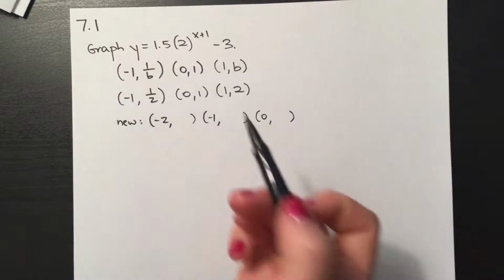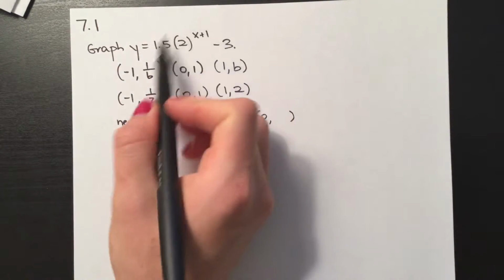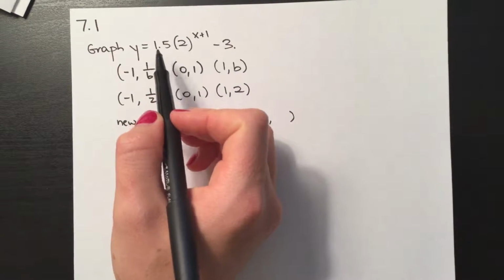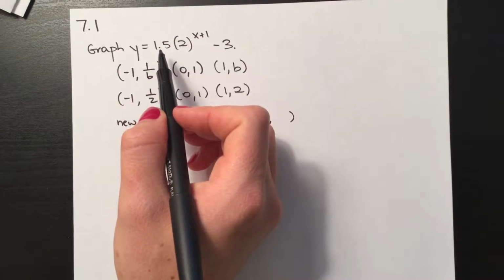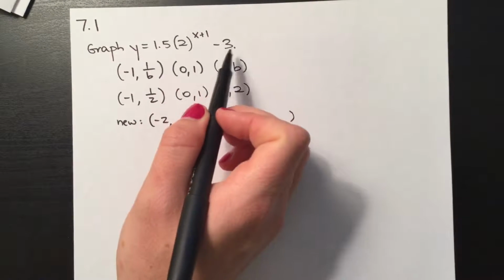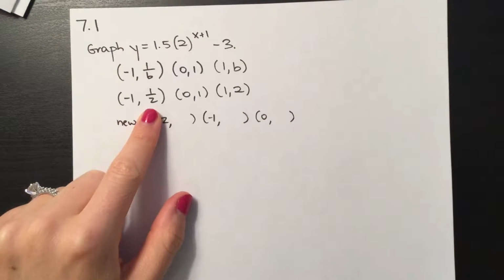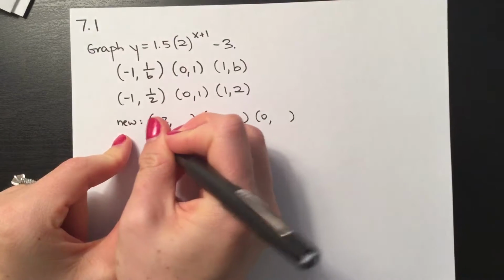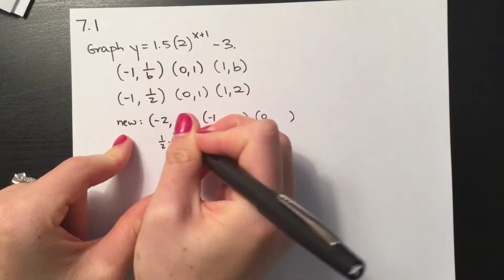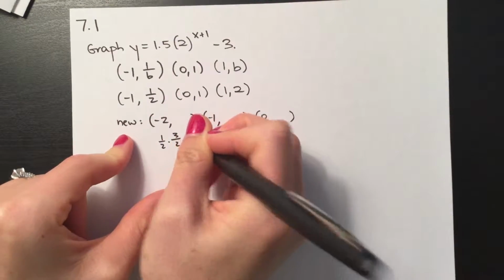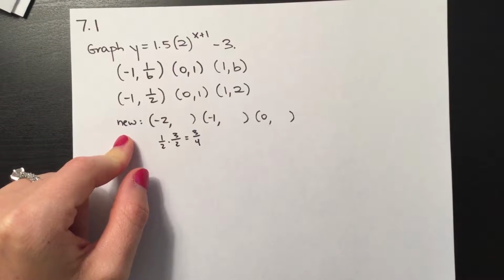And then the next thing that we have is both of these things are going to affect the y. So remember, you go from left to right. First, you're going to multiply the y values by 1.5, and then you're going to subtract 3 from the y values. Okay, so 1.5, you can think of it like 3/2 if you want to. So 1/2, if I multiply that by 1.5, then that's going to give me 3/4, and then subtract 3.